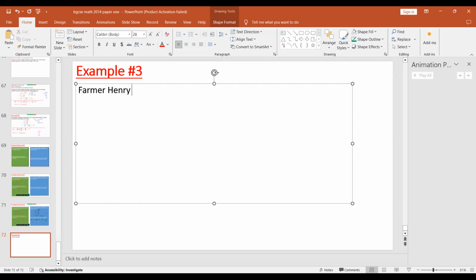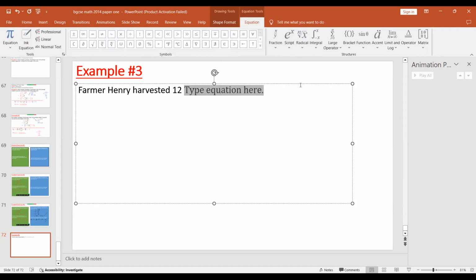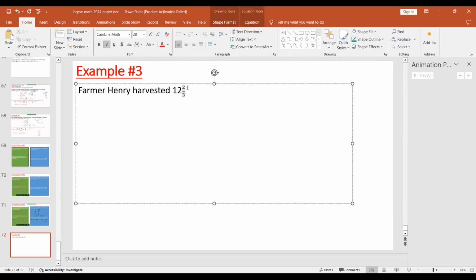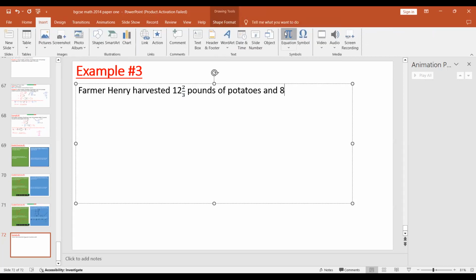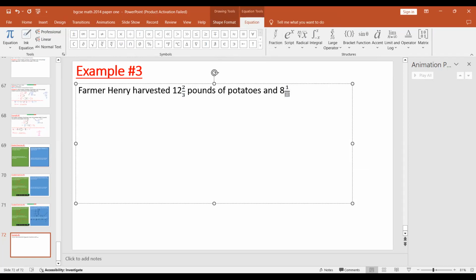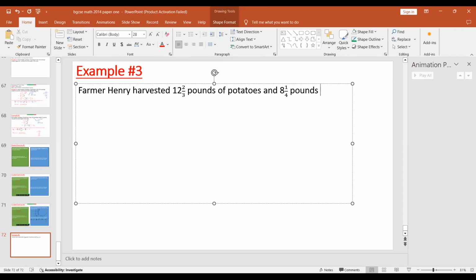It says Farmer Henry harvested, let's say, 12 and 2/3 pounds of potatoes and 8 and 1/4 pounds of carrots last week.